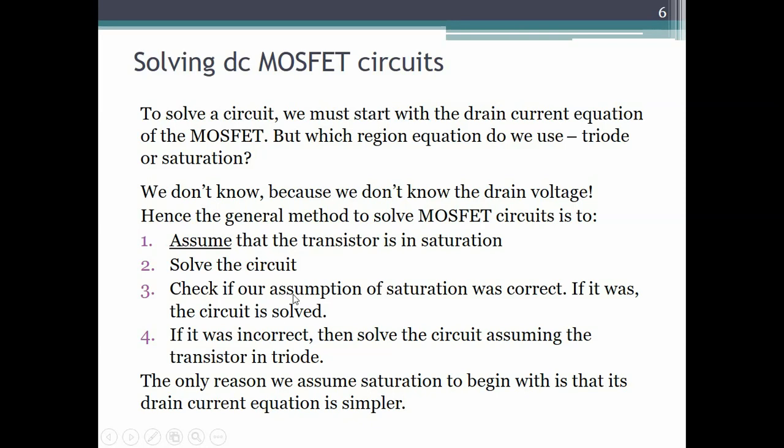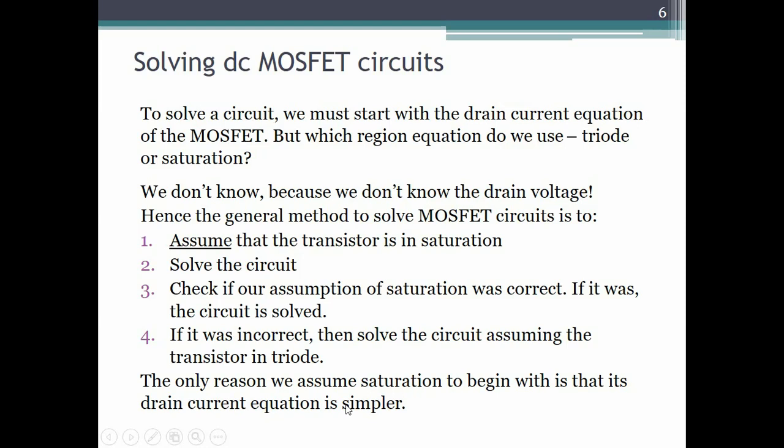Why start with saturation? There is really no logic to it except that the saturation equation is simpler. So our equations to begin with will be simpler, and therefore we'll do the first round of solutions faster. There is no other reason for assuming saturation. Sometimes, once you get used to solving circuits, you figure out just by looking at it what the region of operation is, so you can use that as an assumption.